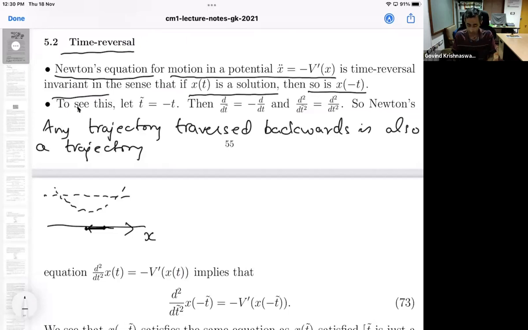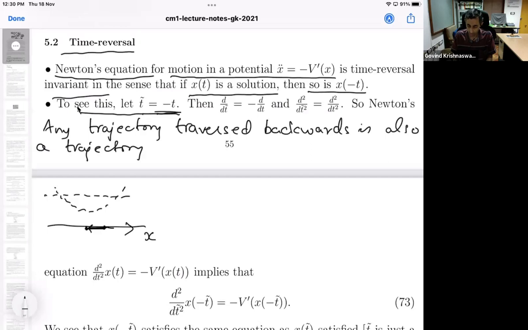Let us now see why this is the case. This can be proven. To see this, let us define a new variable called t tilde, which is minus t. Then we have to rewrite the equation in terms of t tilde.